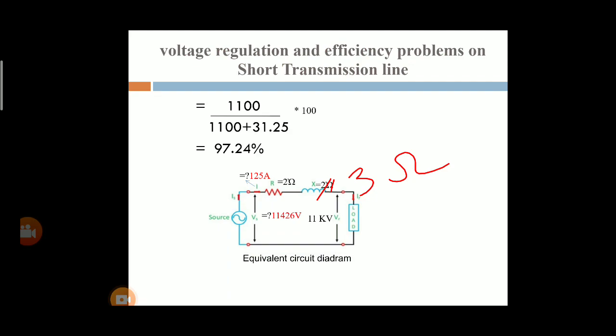For each and every problem we must draw the equivalent circuit diagram and the phasor diagram. There are separate marks for the equivalent circuit diagram and the phasor diagram in each problem, so after completing the problem, we write them. Okay, thank you.